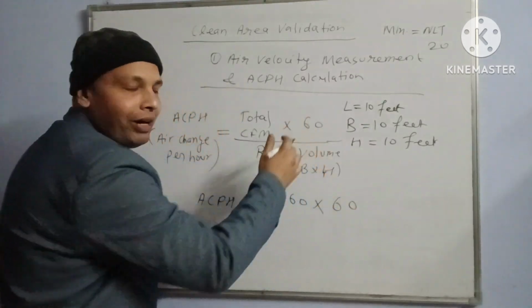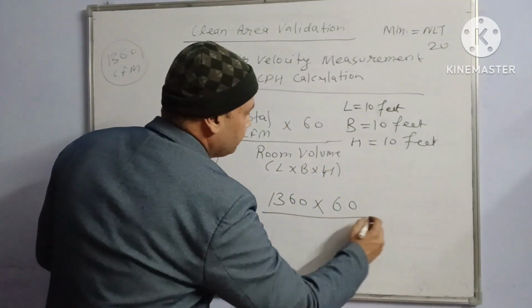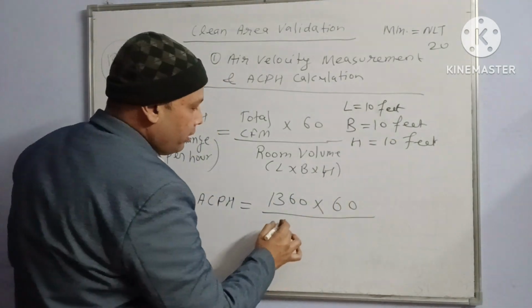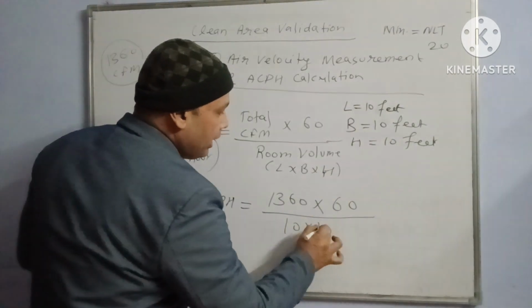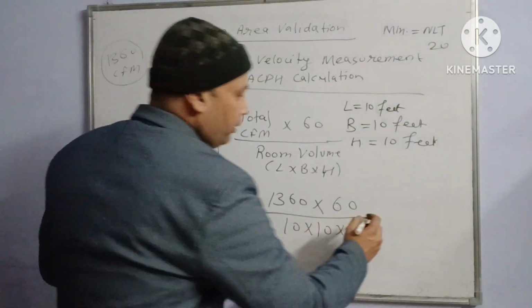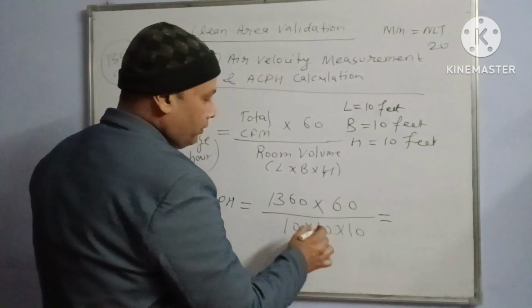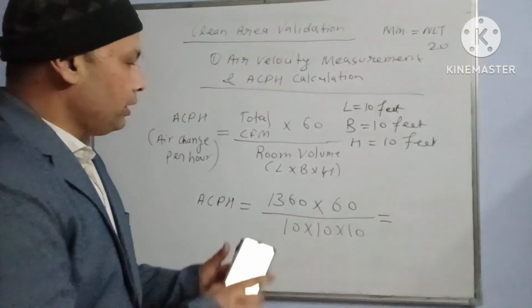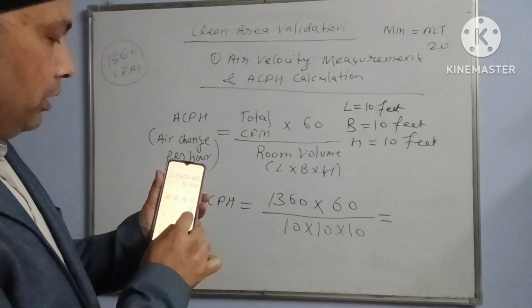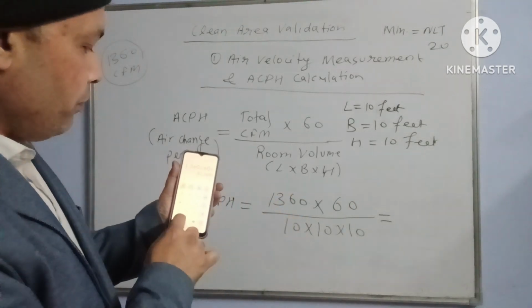I will also tell why we multiply by 60. The room is L into B into H, 10 by 10 by 10, so 10 into 10 into 10, which is 1000. So 1360 into 60 divided by 1000.